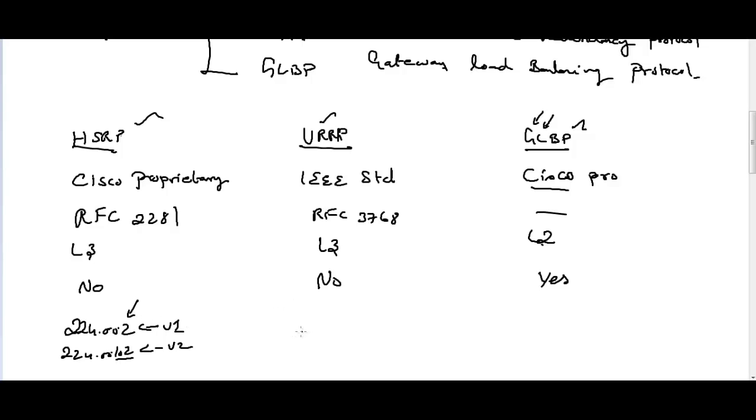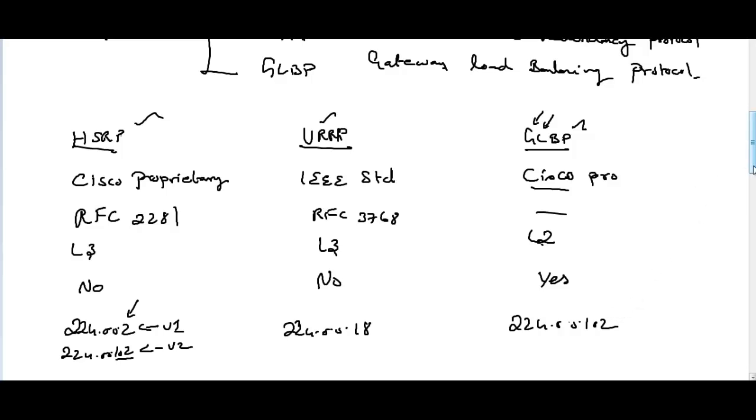VRRP uses another multicast address, 224.0.0.18. GLBP uses the same multicast address as version 2 of HSRP, which is 224.0.0.102.